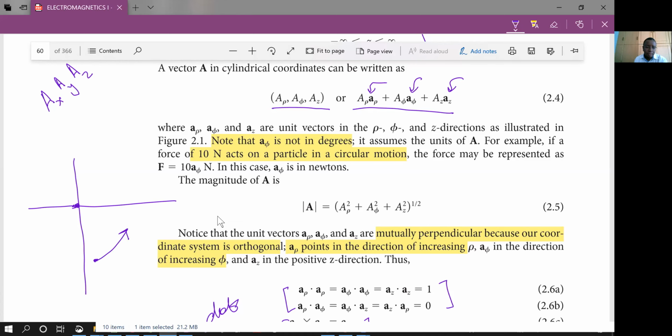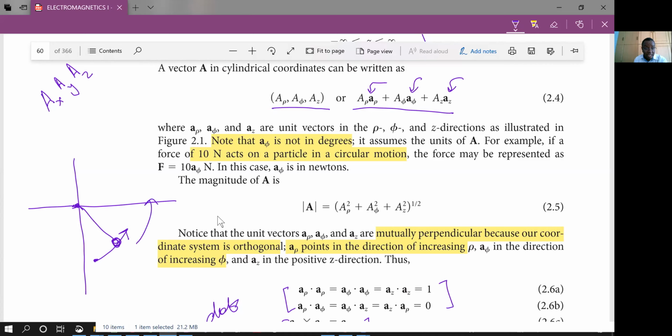You can even consider a very simple example that you are at the center here and you have a rope, and a rope is holding a ball, and you are rotating that ball around yourself.